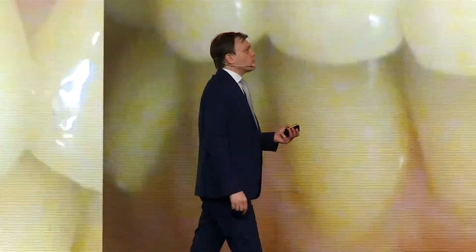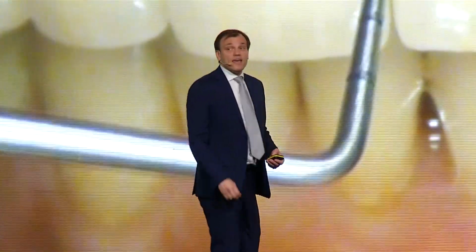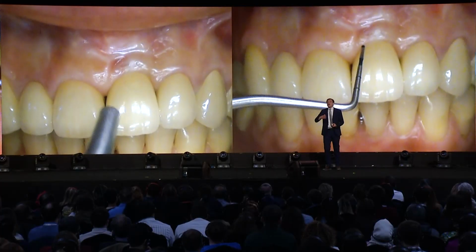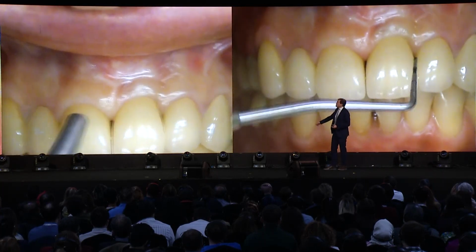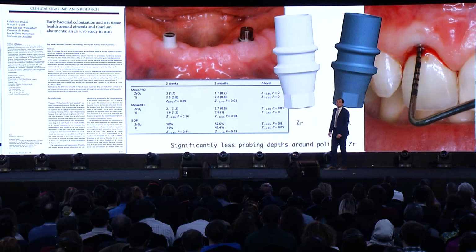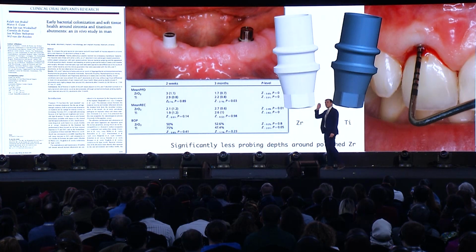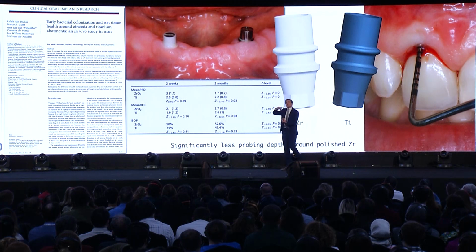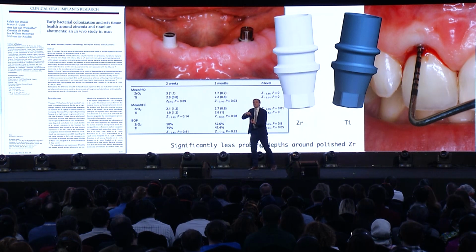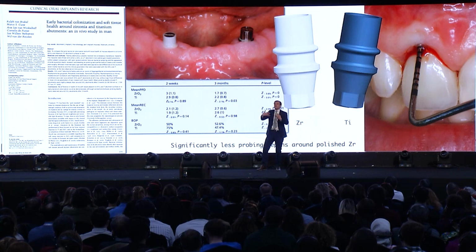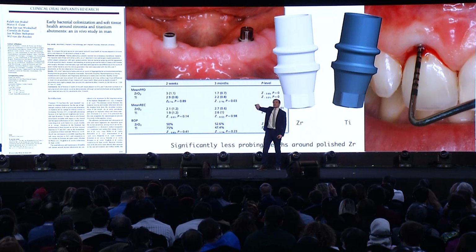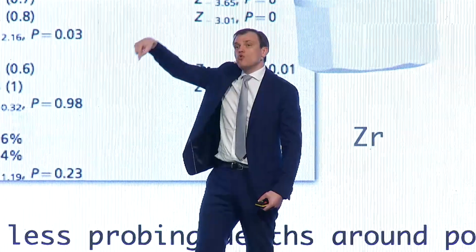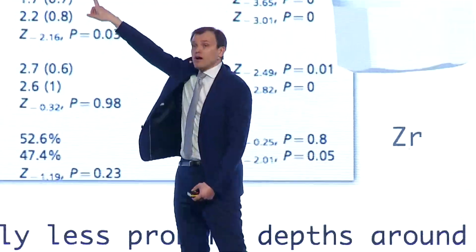There are studies, of course, which say that not only do we have a better pink aesthetic score around zirconia, we also have less probing depth. Because I'm thinking that if I have less probing depth around any kind of material, it means that I have better protection. This study says that if you probe around zirconia and titanium implant restorations, you will have less probing depth around zirconia.